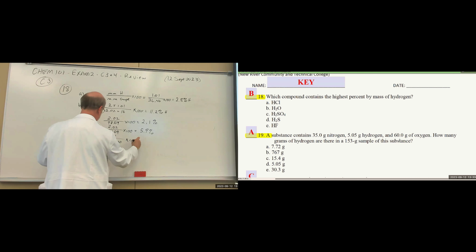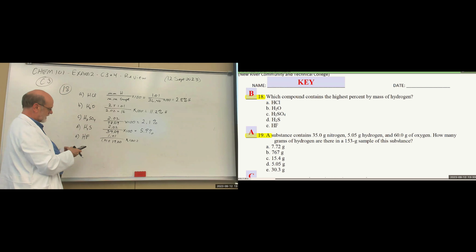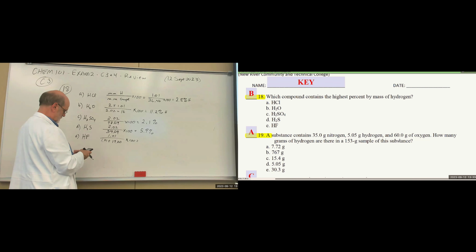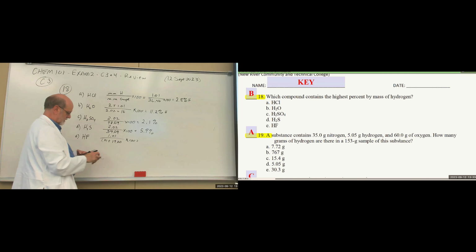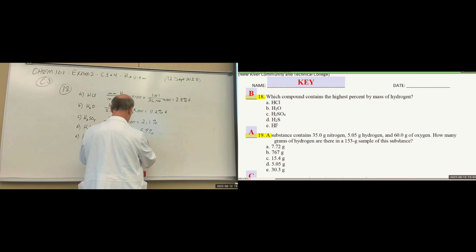Okay. So that's 18, 19, 20.01. Let's start that over. So it's 5.0. Okay.